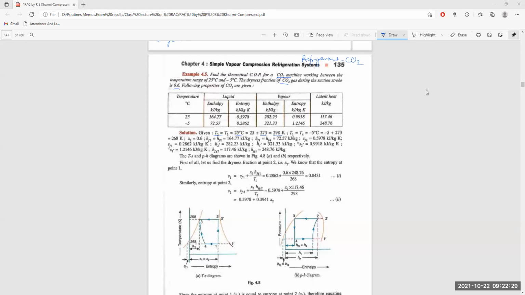So X1 is 0.6, meaning the amount of vapor which the compressor is receiving at point 1, at the suction state. So the dryness fraction at point 1 is equal to 0.6, which is given here.